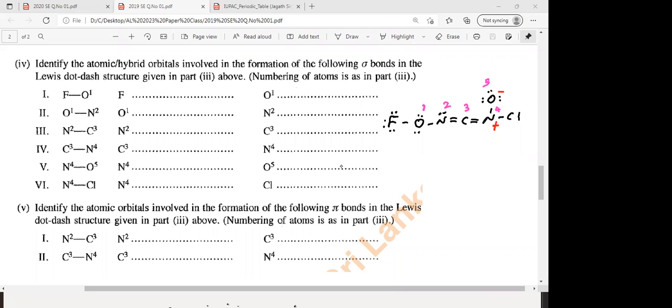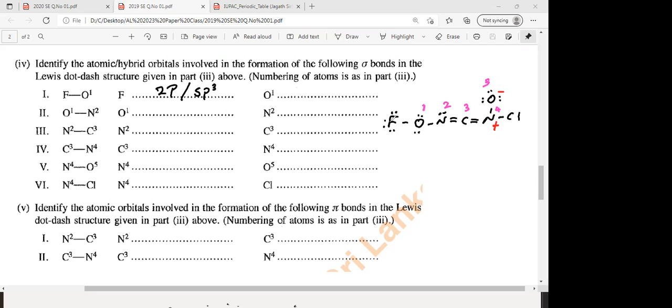Right. If it's a terminal atom, remember, there are two possible answers. Either sp2 or sp3, both are accepted.